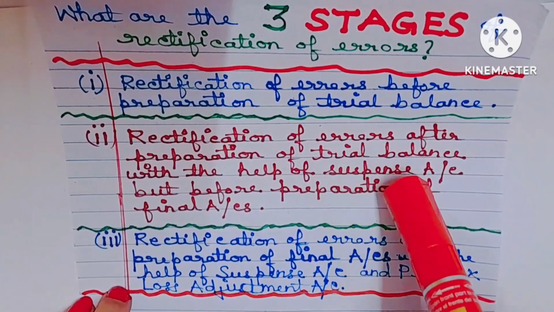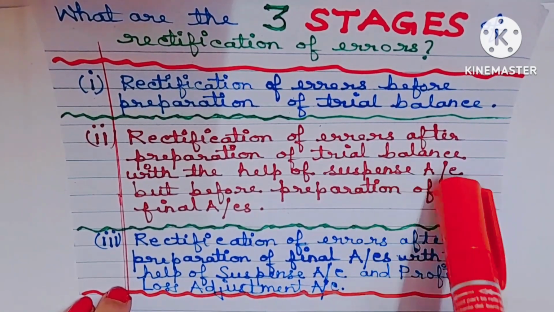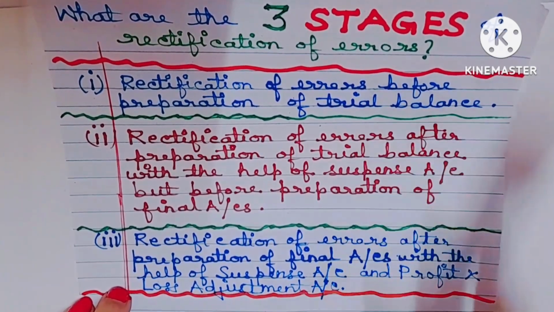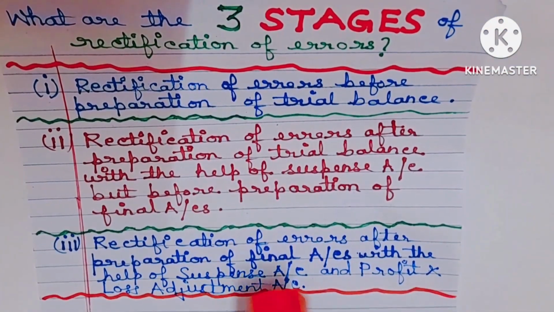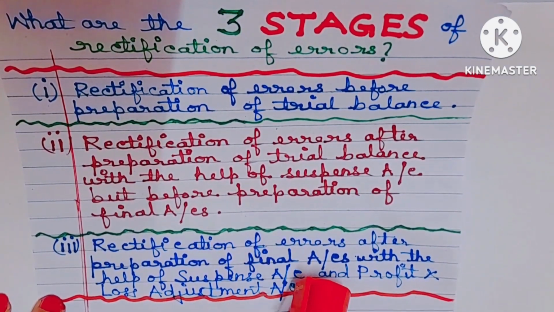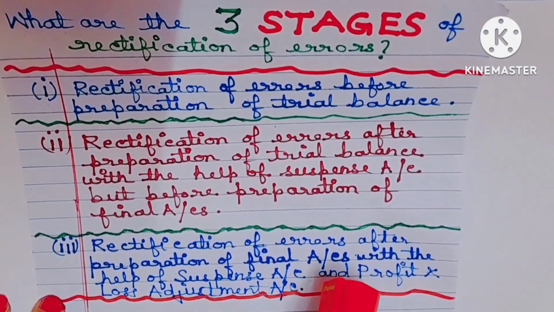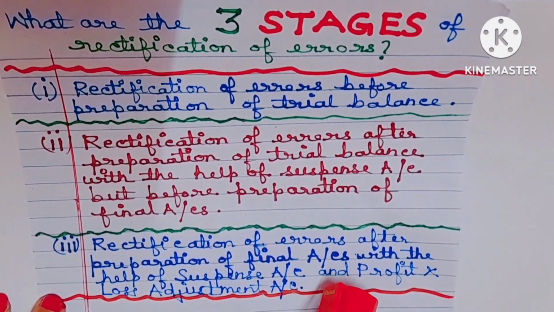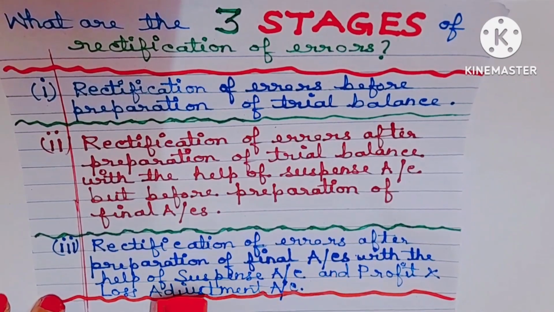Understood? So you can pass a journal entry with the help of suspense account in case of one-sided error also. Understood? And in case of the third stage, if the problem says rectify the following errors with the help of suspense account and wrote off the difference to the profit and loss adjustment account, this means the problem is about the third stage.